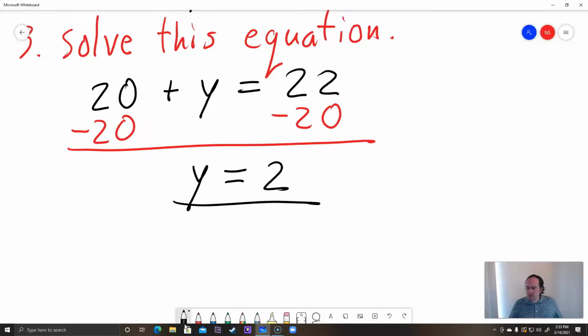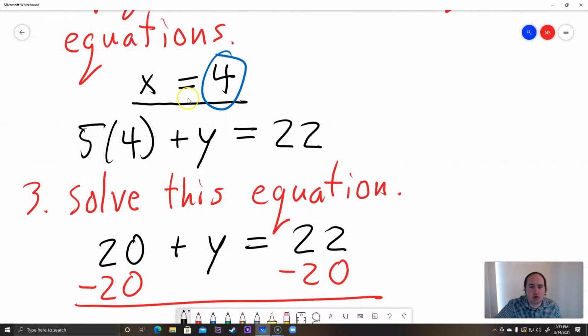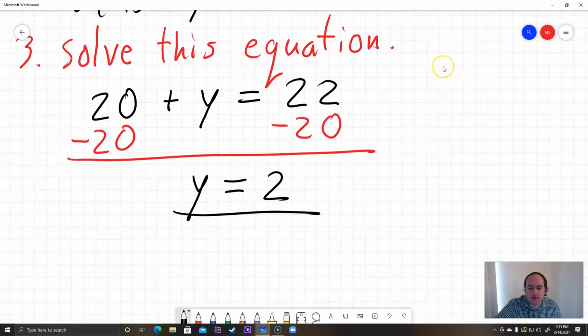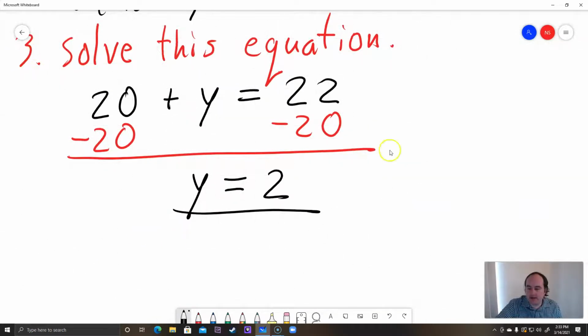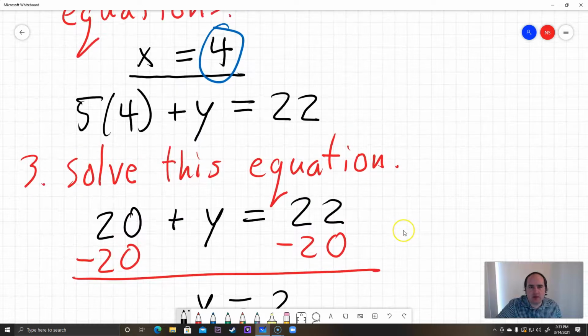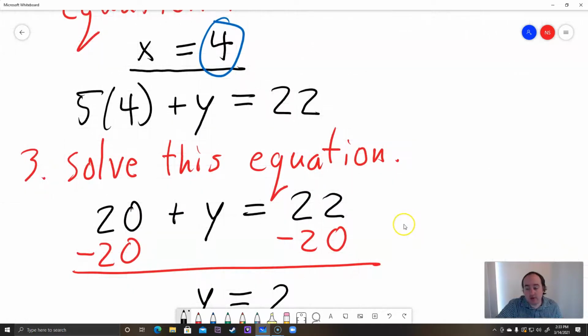So now we have both x and y. We know that x is 4, which we got in step 2, and y equals 2, which we got in step 3. So how do you write your answer? Hopefully you already watched my video on solving systems by substitution.